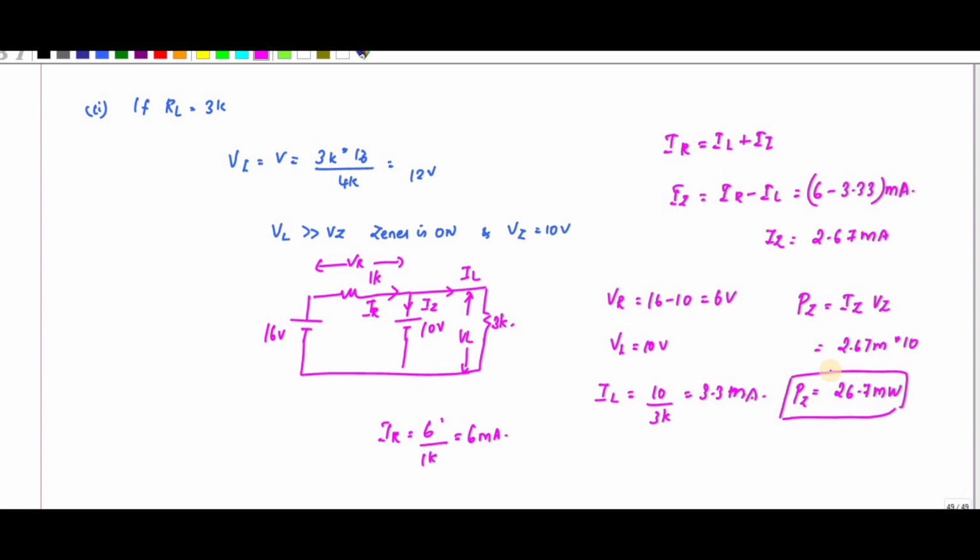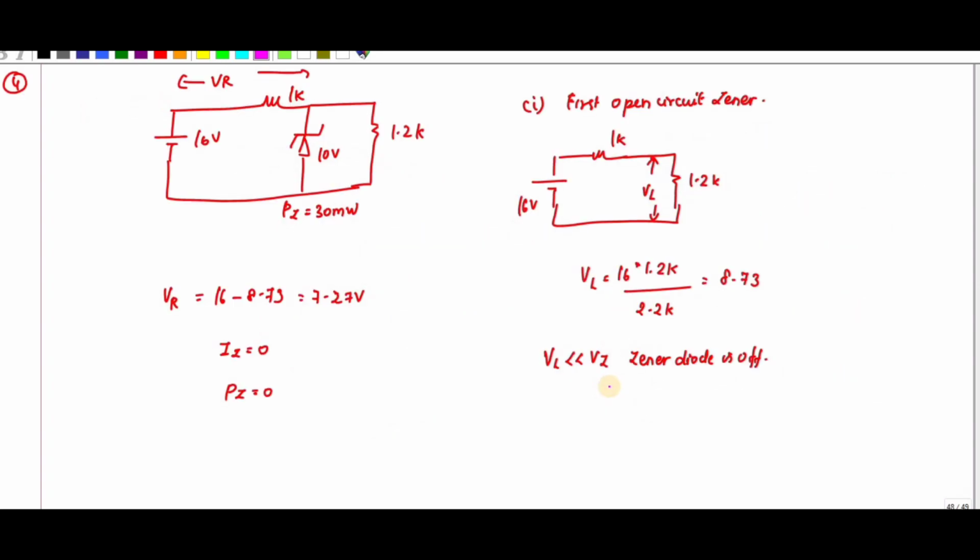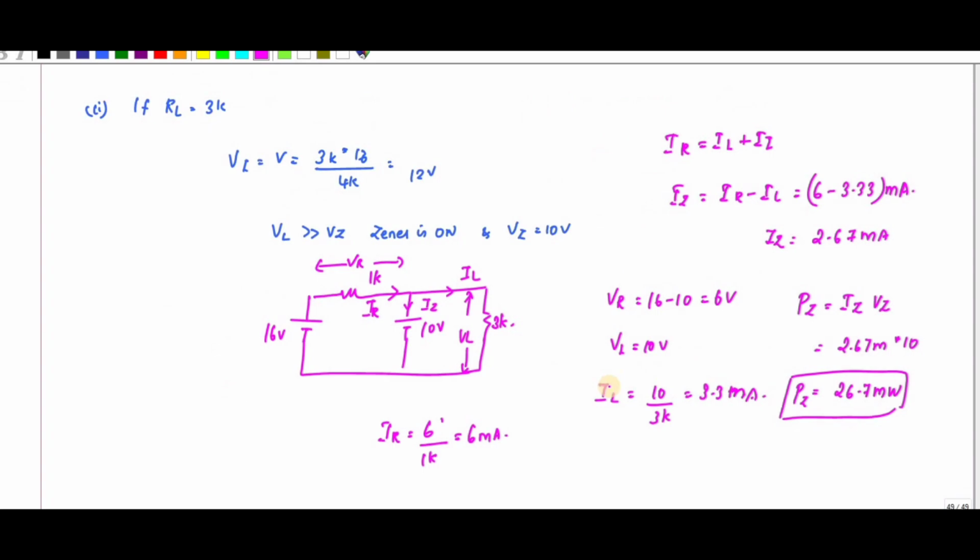So they have already given the PZ maximum value as 30 milliwatt. That is not exceeding this value. Okay, so you can see, this is your IZ and this is your VZ, and when it is turned on, it looks like this.